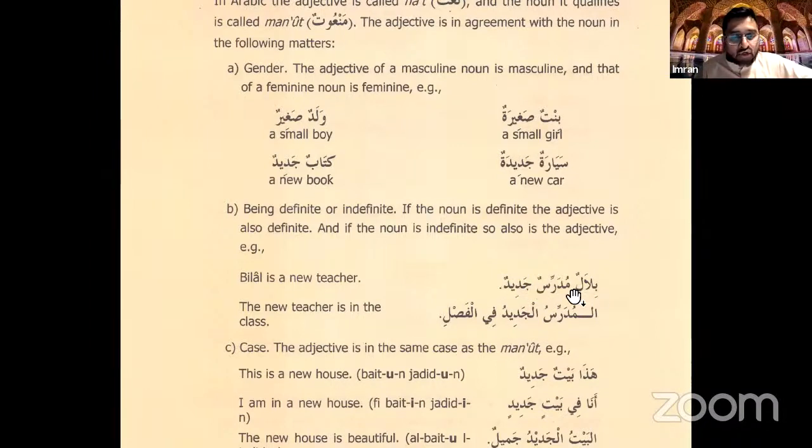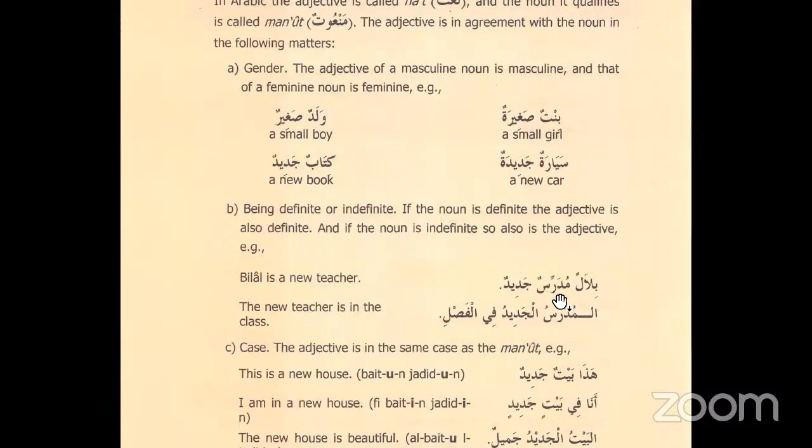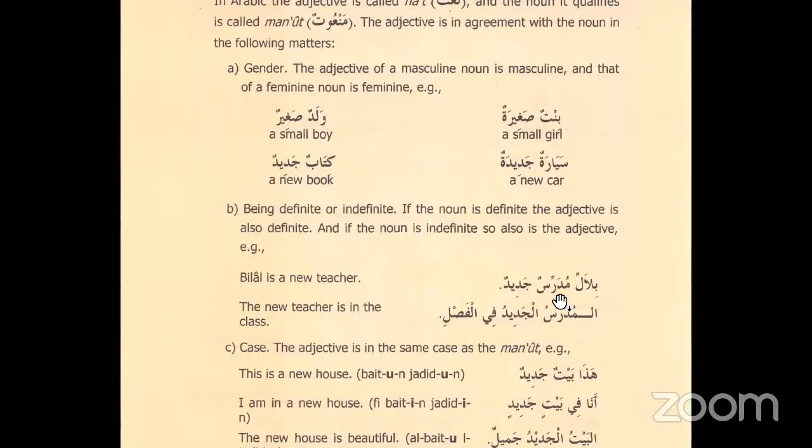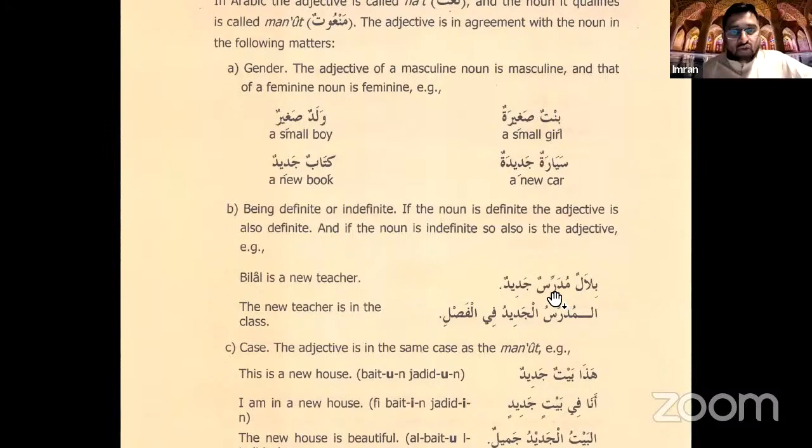Is he an old teacher or a new teacher? The word jadidun is the adjective which is coming without alif lam, and also the word mudarrisun is coming without alif lam. So when a noun comes without alif lam, it's called indefinite. And when it comes with alif lam, it's called definite.